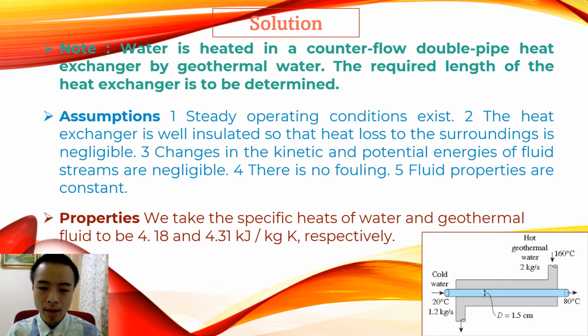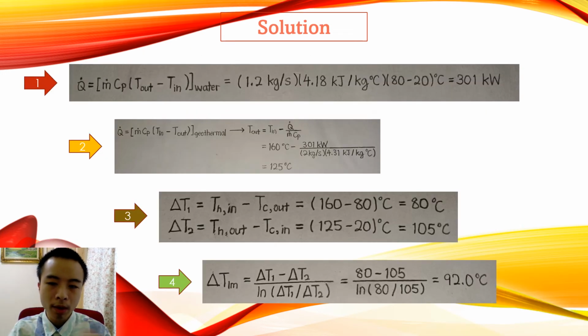Lastly, the fluid properties are constant. Apart from assumptions, we can take the specific heat of water and geothermal fluid to be 4.18 and 4.31 kJ per kg Kelvin respectively.